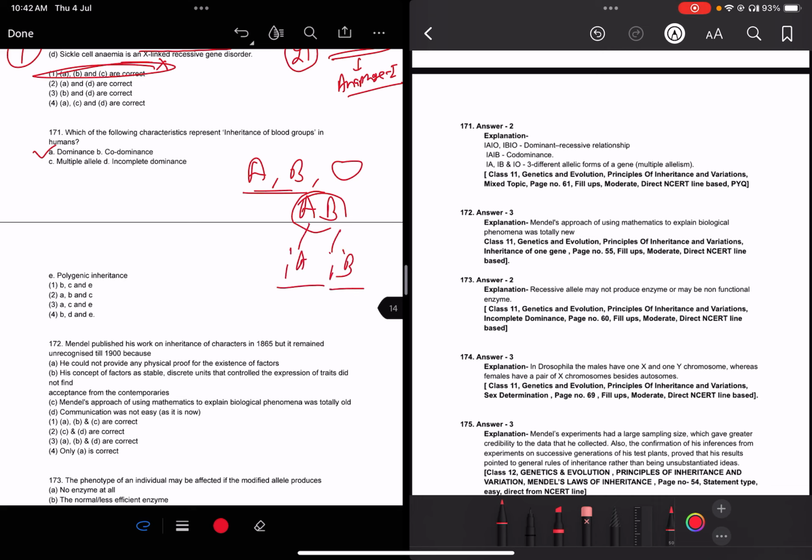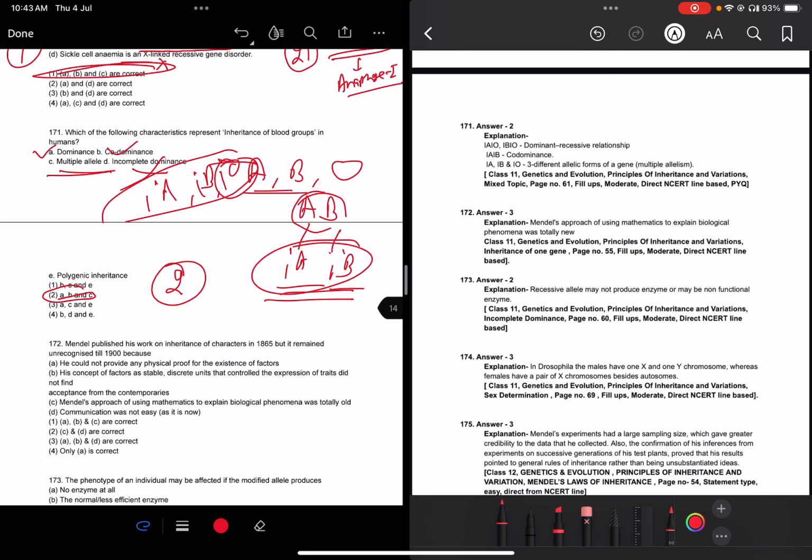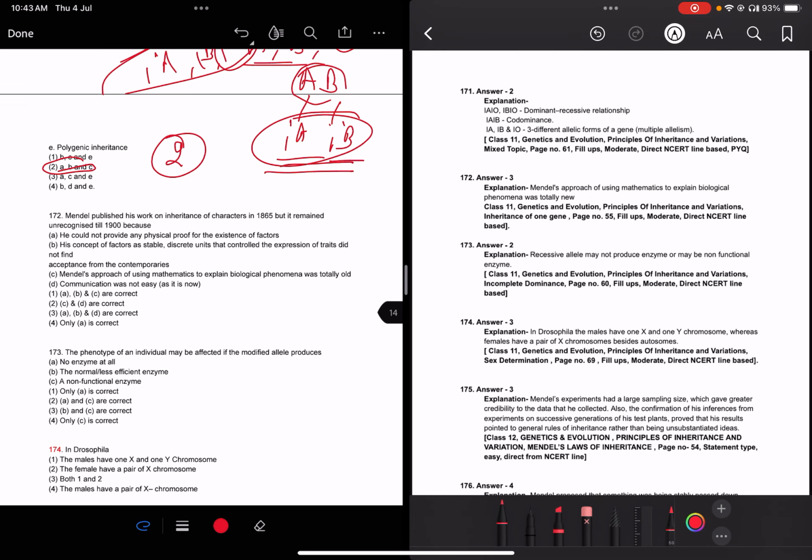Both are dominant; no one is recessive in the AB blood group. Multiple alleles are present: IA, IB, IO. One new thing, IO. Incomplete dominance is not here. So the answer is A, B, C. 2 is the correct answer.